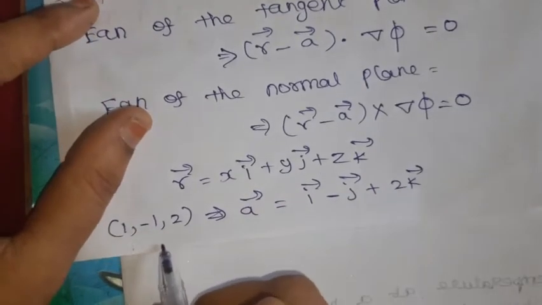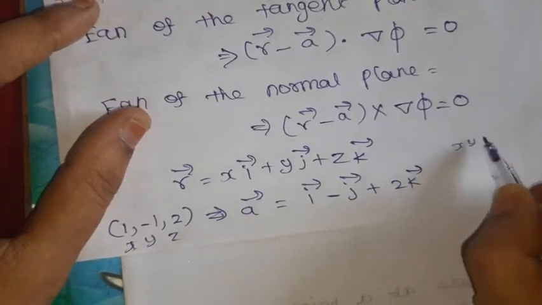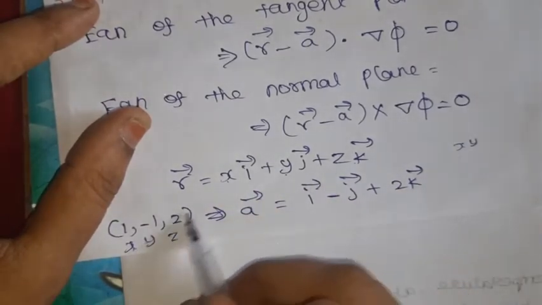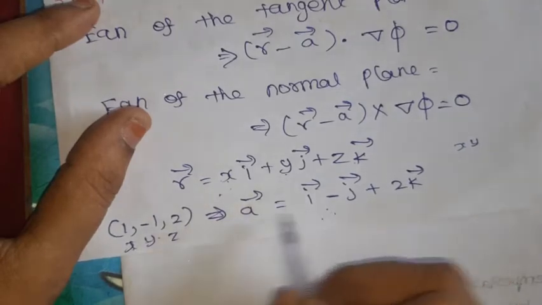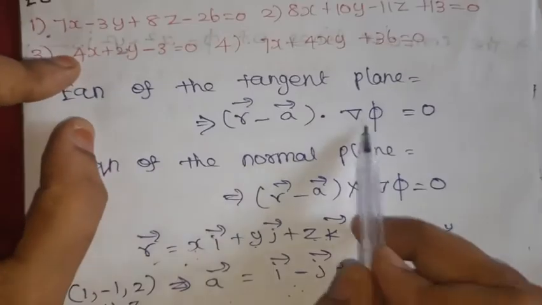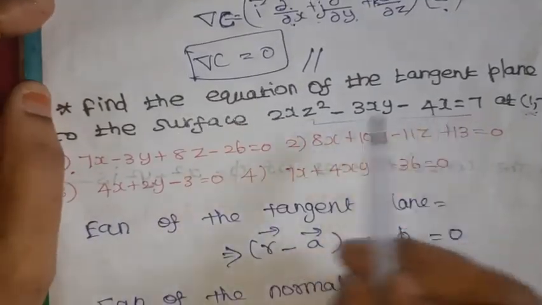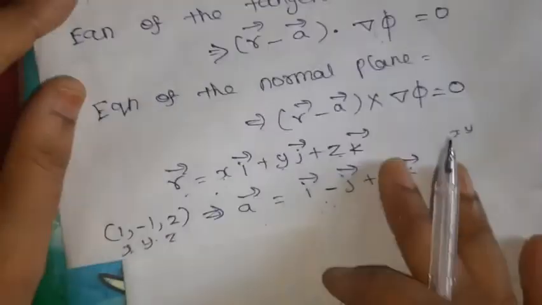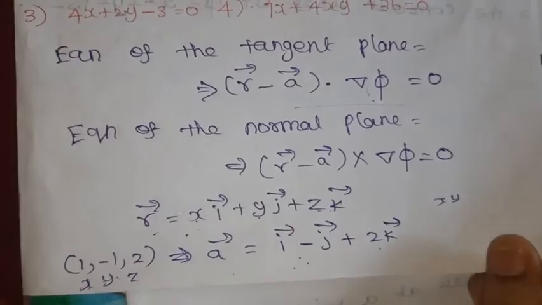Just substitute xi plus yj plus zk at this point. What we will get? i minus j plus 2k. So this is r vector, this is a vector. Del phi we are going to find out. The phi value is given. From this del phi we are going to find out, then substitute in this equation and then find out the equation of the tangent plane.